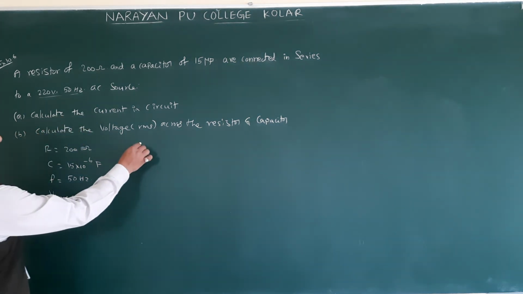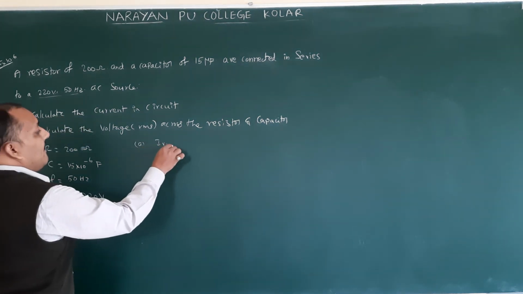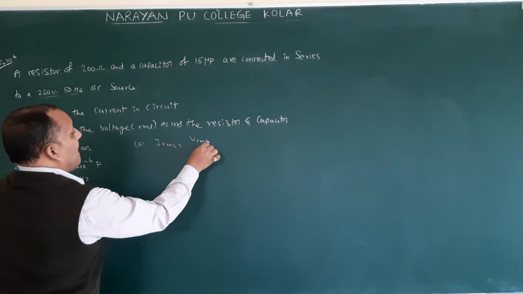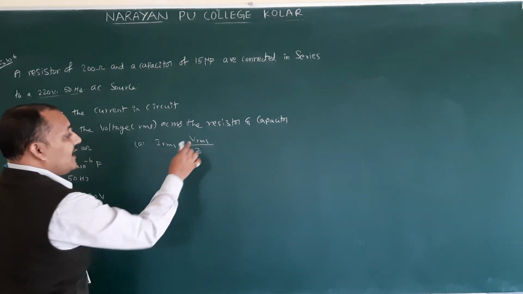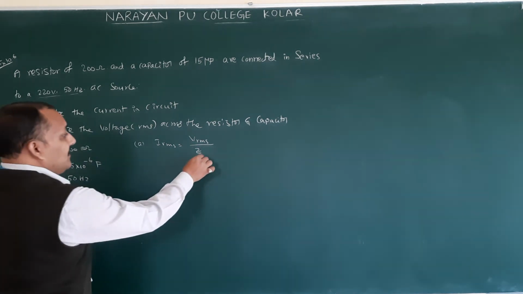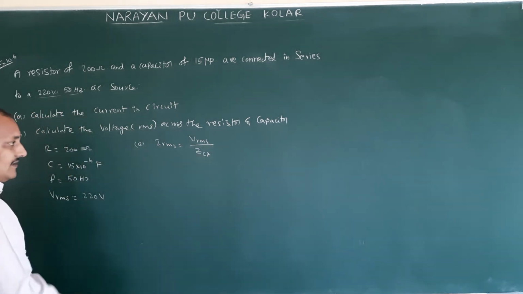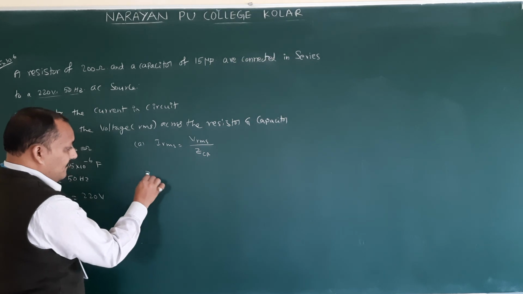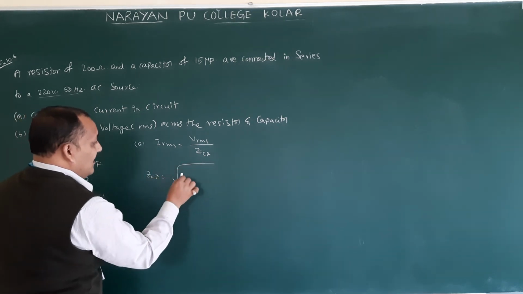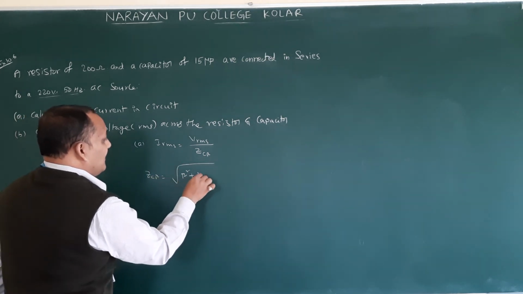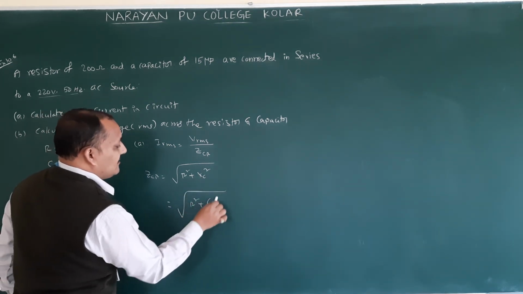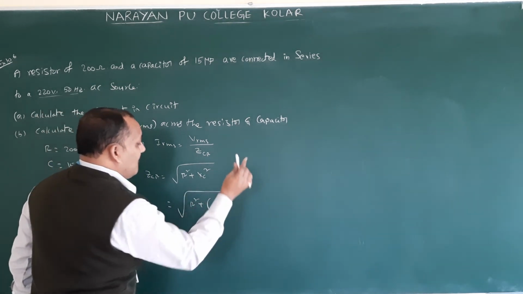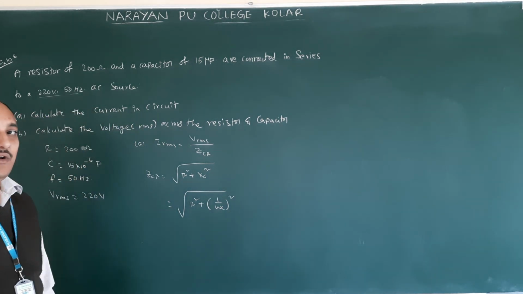Current equation: IRMS equal to VRMS by resistance. Resistance means here we have to write impedance. Impedance of which circuit? CR circuit. We already know this formula: ZCR equal to root of R square plus X square, that is root of R square plus 1 by omega C whole square.